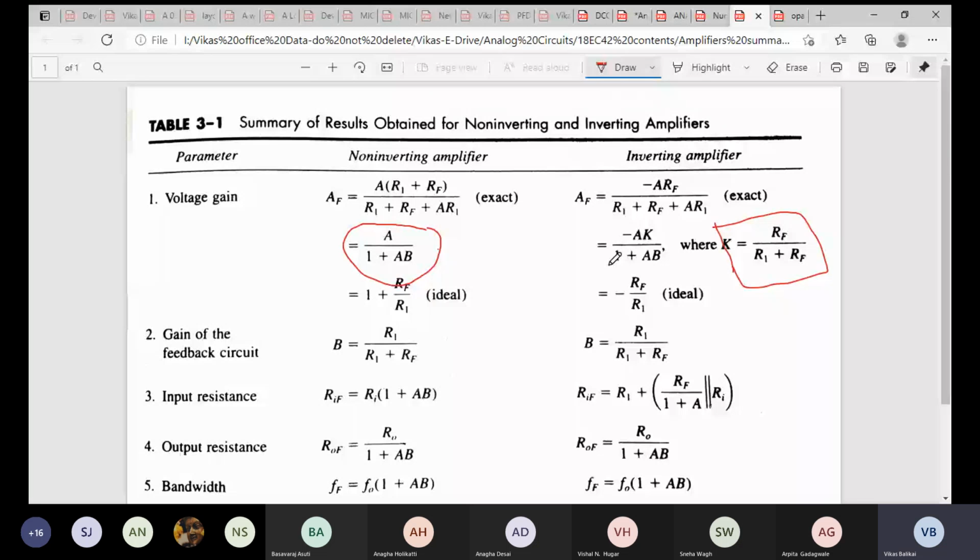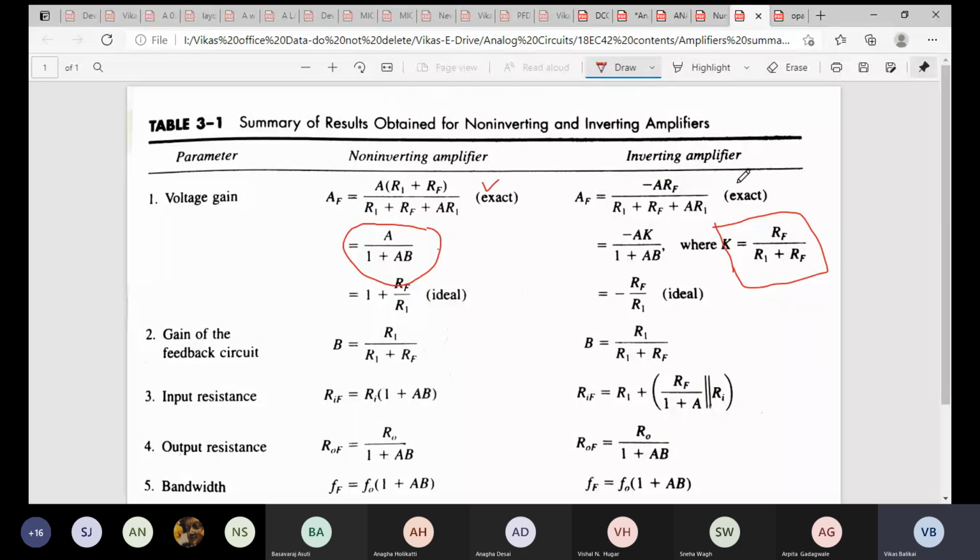Now what is the exact equation? The exact equation comes when there is an exact circuit. I know what the circuit of my amplifier is, or I know how exactly my circuit looks. I know which is my input resistance, which is my feedback resistance, what the components present in the feedback path are, and how exactly the feedback is taken from the output. I know everything. Keeping that in mind, when I started doing the derivation and obtained the gain equation, that gain equation looks this way.